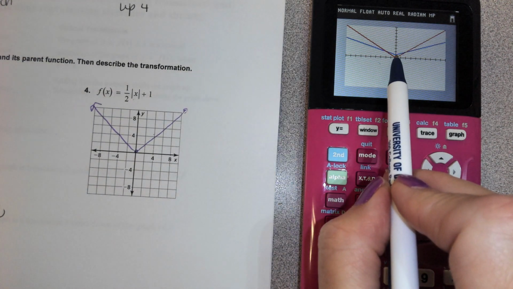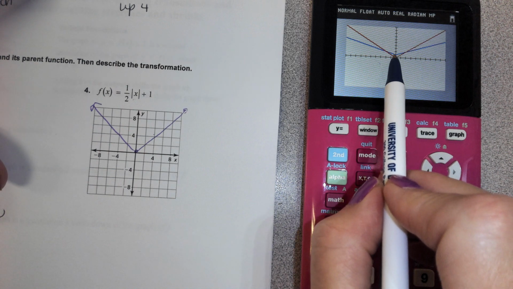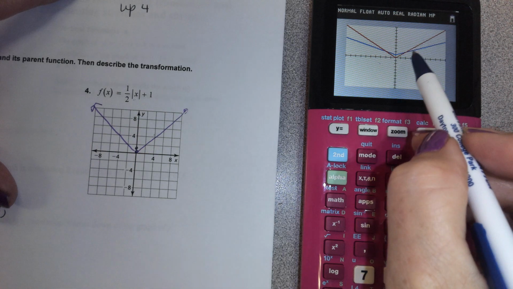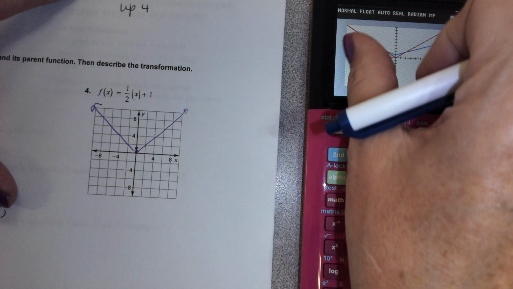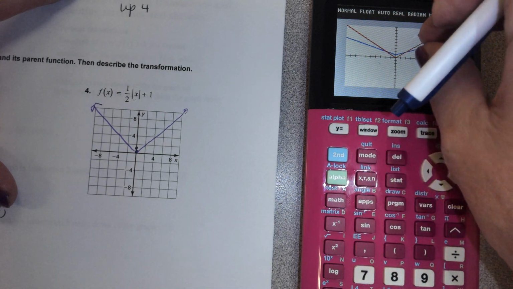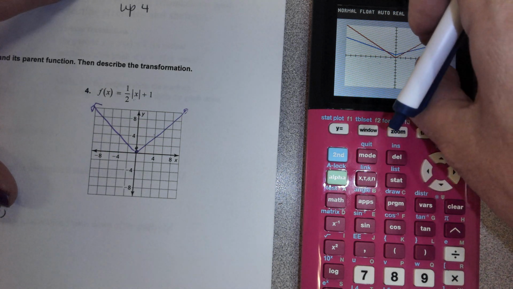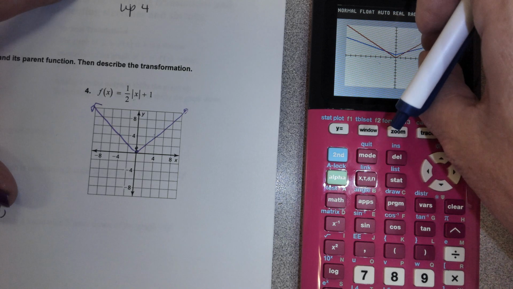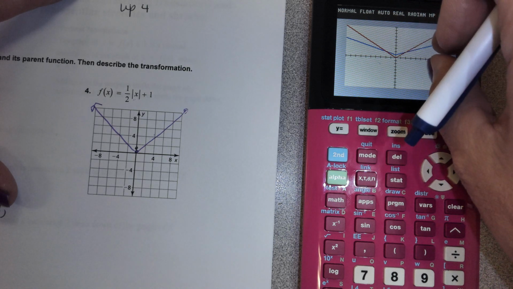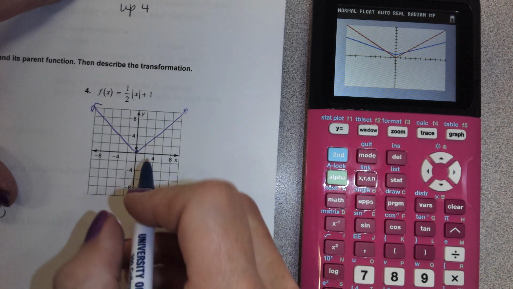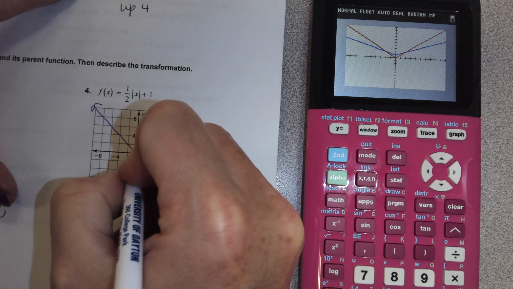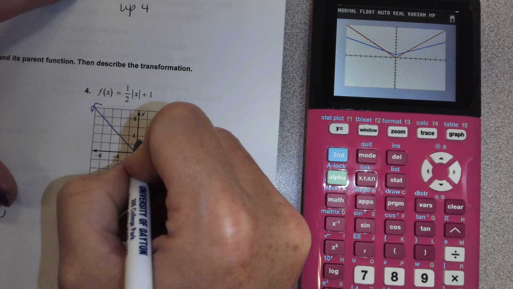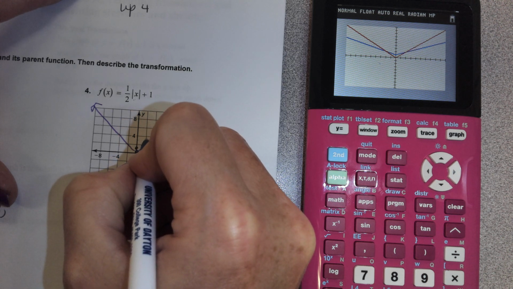Here's our new one right here. So the new one, I can see it's starting here at 1. And I can also see that it's wider. Or I can also think of that as being, that blue one is actually going to be vertically shrunk as well. So it's going to 1, and then instead of having that slope of 1, it's actually going up 1 and over 2.